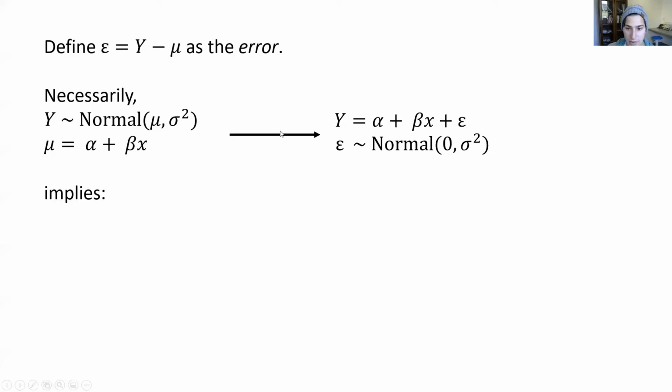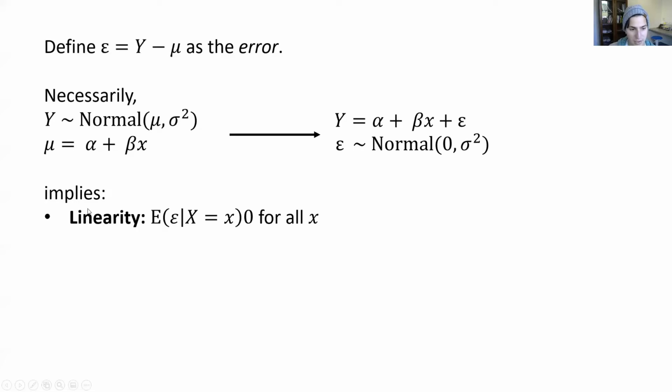These are the same model. So we have y is a linear function of x plus some error epsilon, with epsilon normally distributed with a mean of 0 and a variance of sigma squared. And these are the exact same model. I've changed nothing at all here. I've just moved around some values.